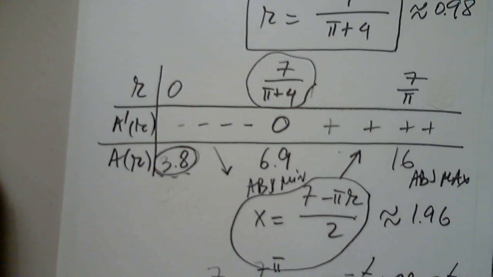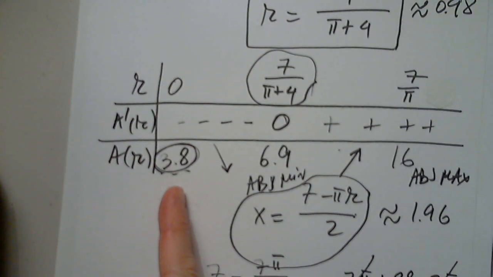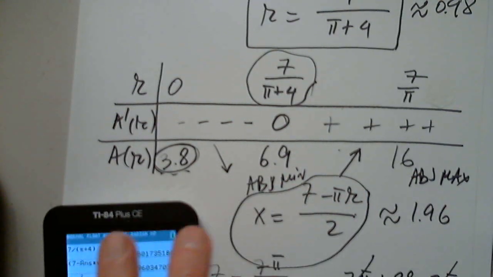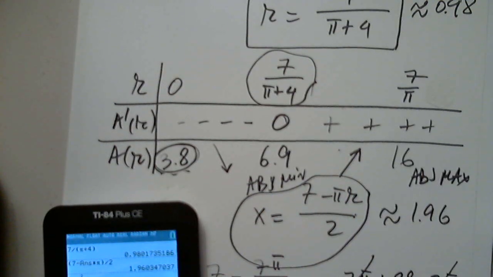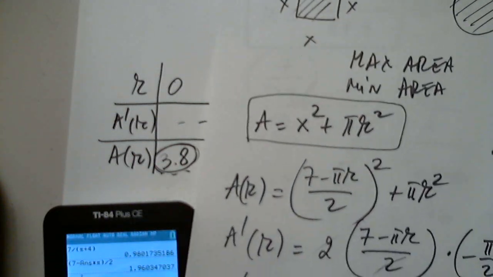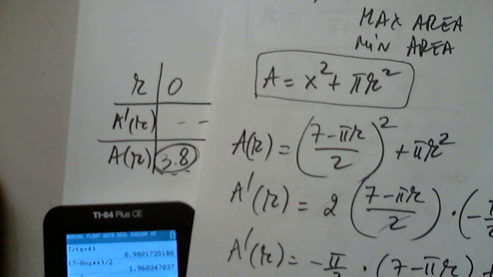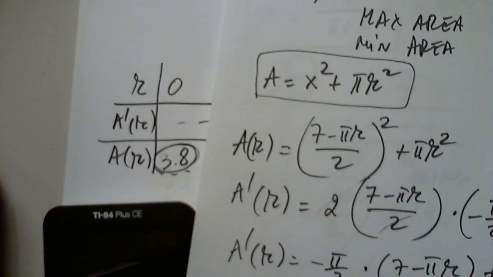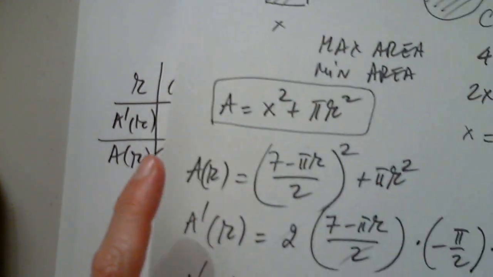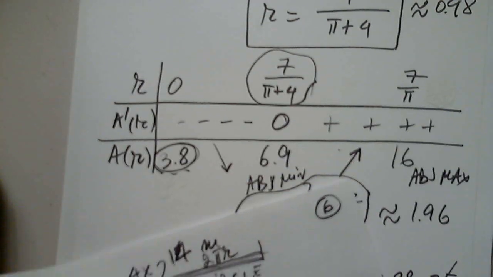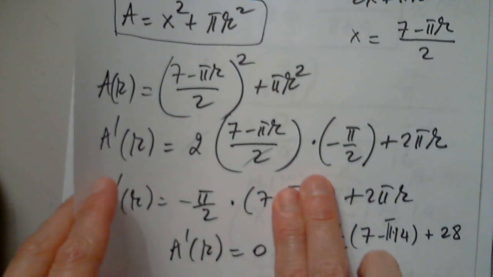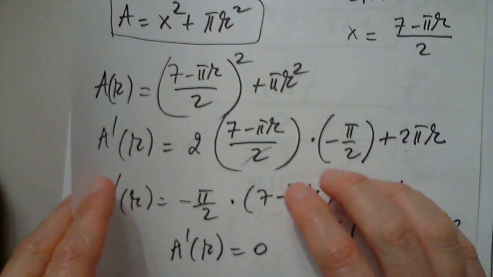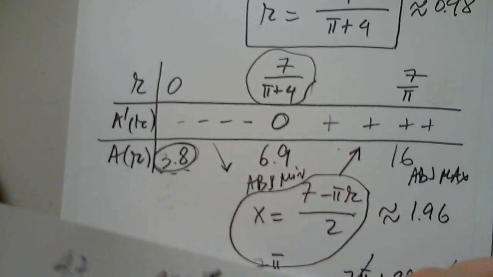I know it's not relevant for this answer, but it bothers me because I can't have 3.8 going down to 6.9. So I know that they're not asking that, but I have to make sure that all my calculations make sense. So we can continue with something else, and I will figure it out. I'm checking again the signs. So when r is 0, the sign is negative.